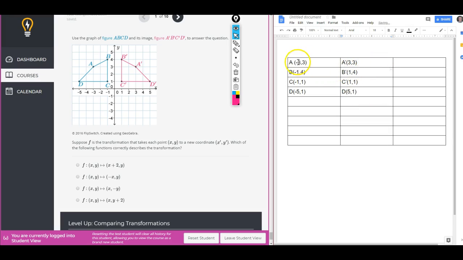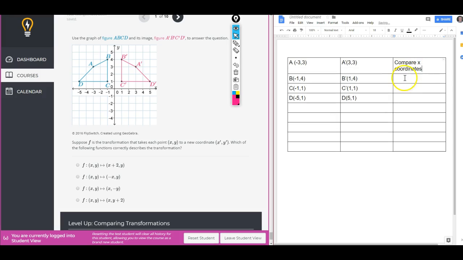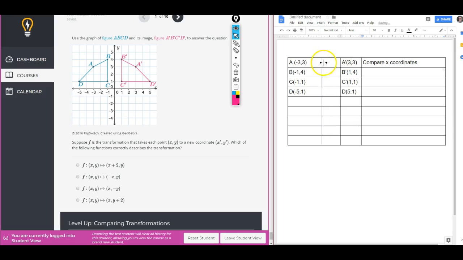Remember that it's x on the x-axis and then the y, so that we can compare them. So I'm going to highlight this -3 and compare the x coordinate. If we compare our x coordinates, this was -3, this is 3.